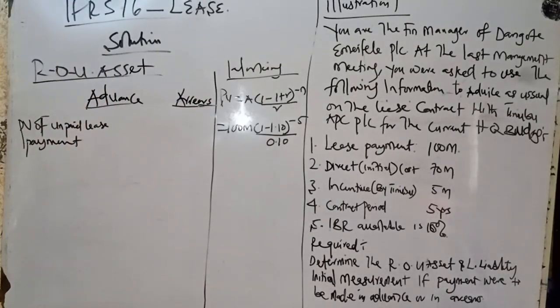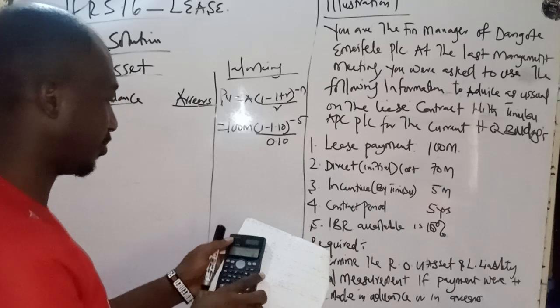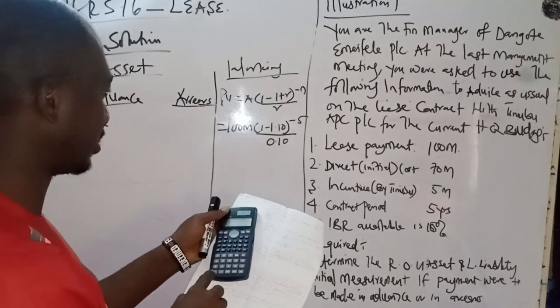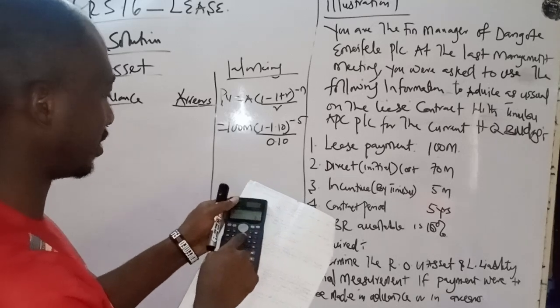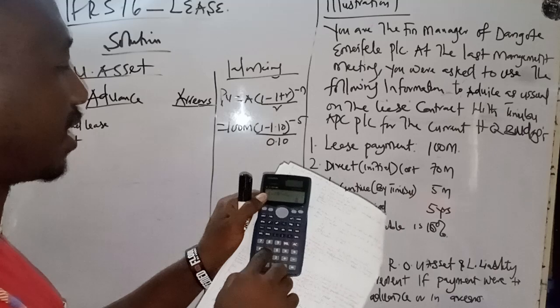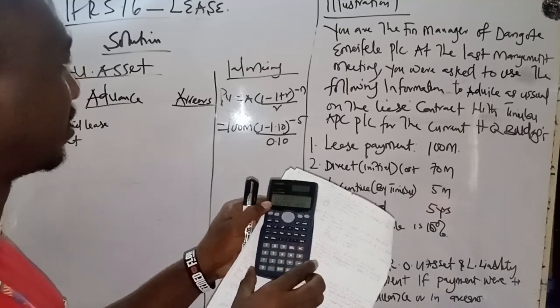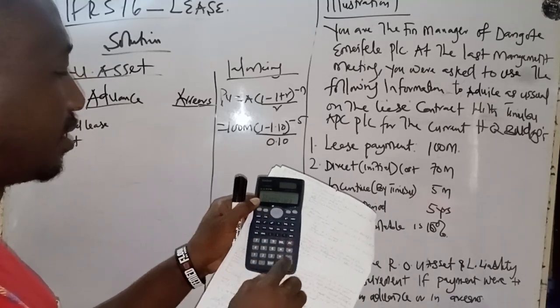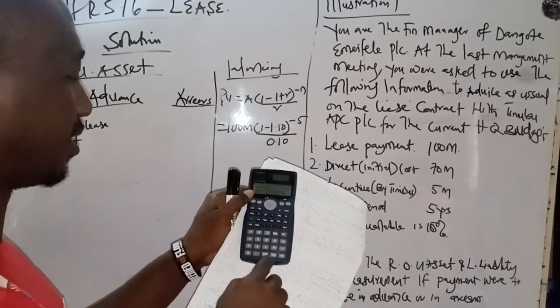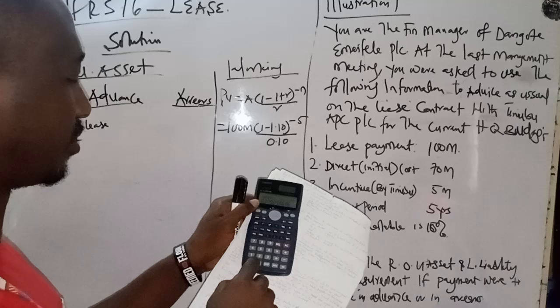So let's quickly use our calculator to get the answer. This is it. Very simple. You just put 1.10 raised to power minus 5. It gives you an answer. Then you put your 1 minus your answer, then you divide it by 0.1.